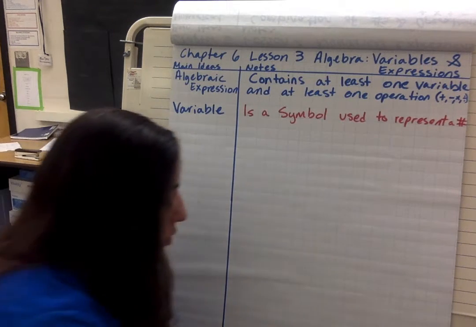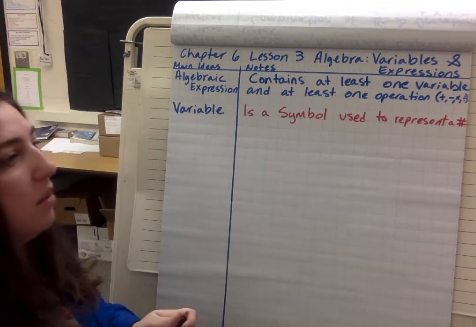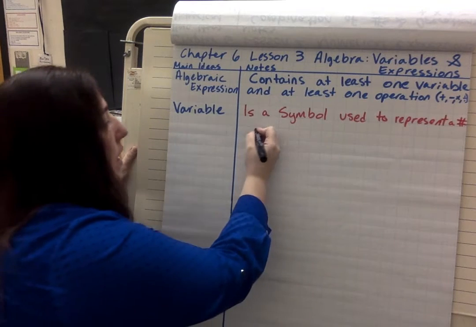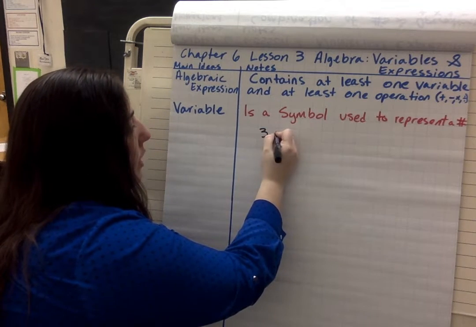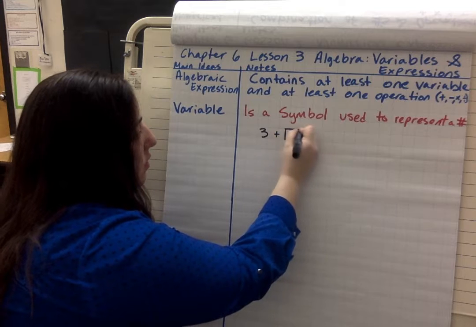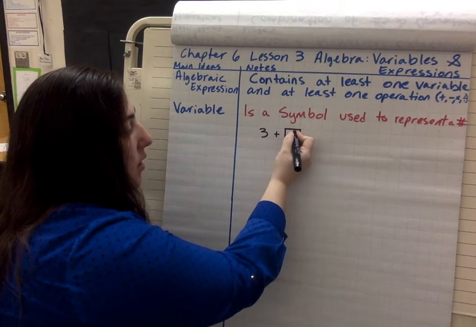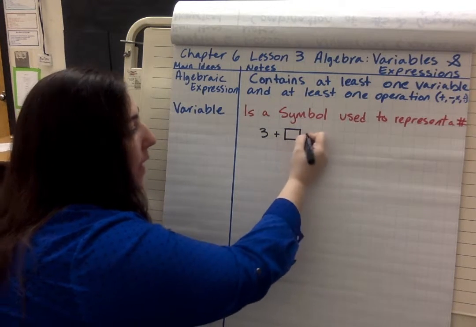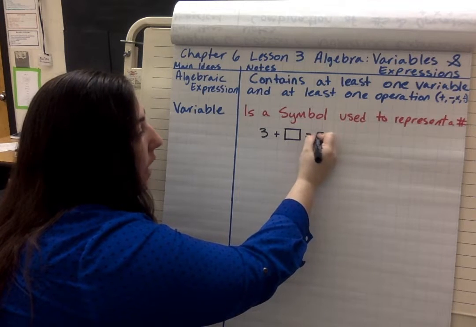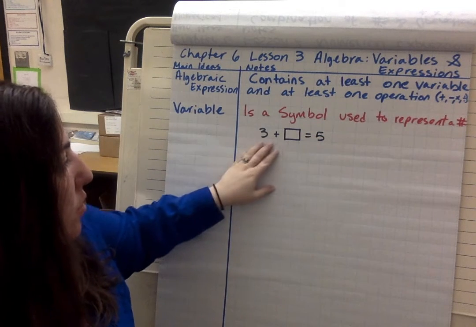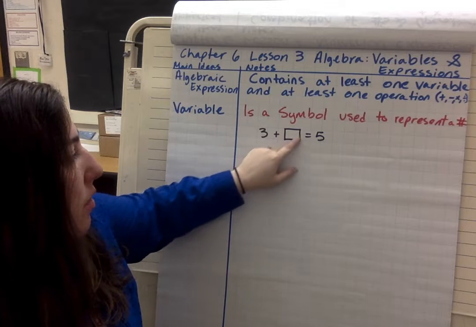So in elementary school, you've probably seen something like this: 3 plus a square here, it's left blank, equals 5. Okay, so in elementary school, they probably asked you what should go in this square.